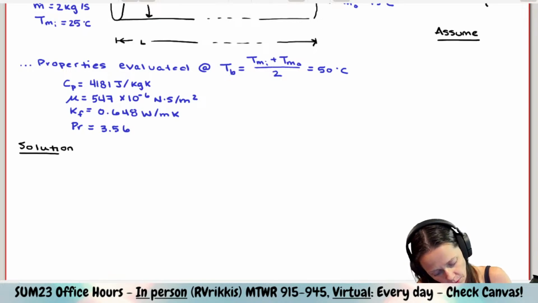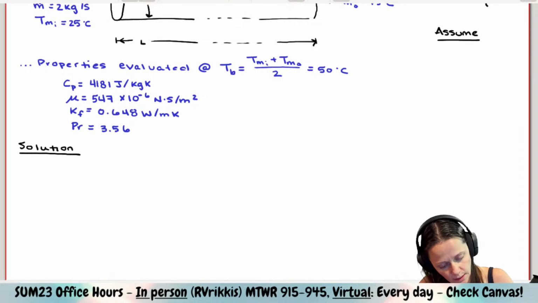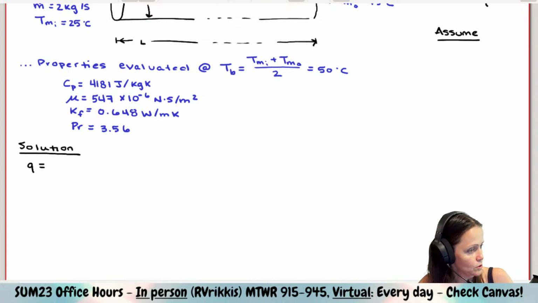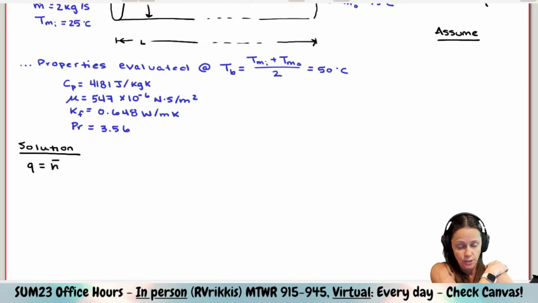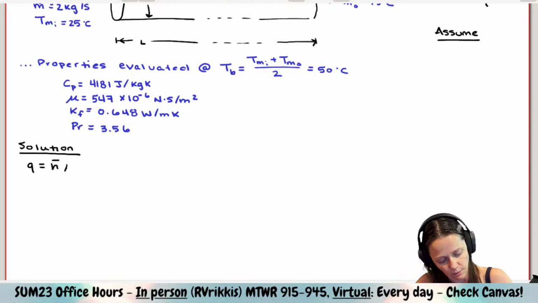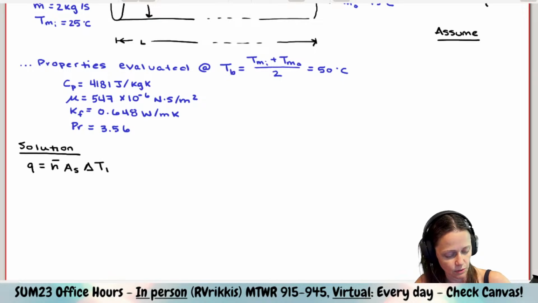Write off your equation sheet exactly the way that it's written. Surface temperature is constant. So I know that Q is equal to the average heat transfer coefficient times the surface area times my log mean temperature difference.